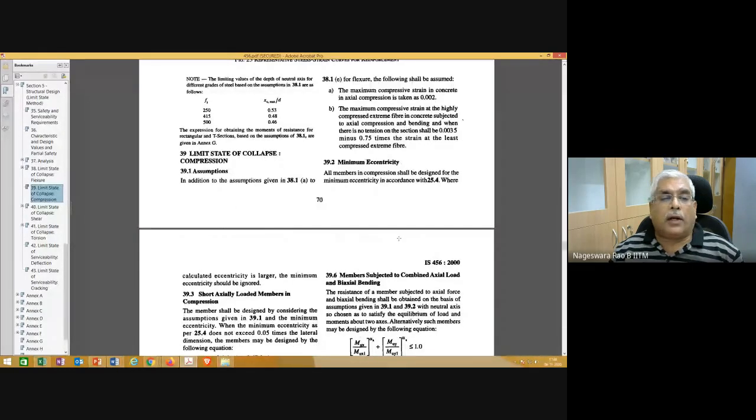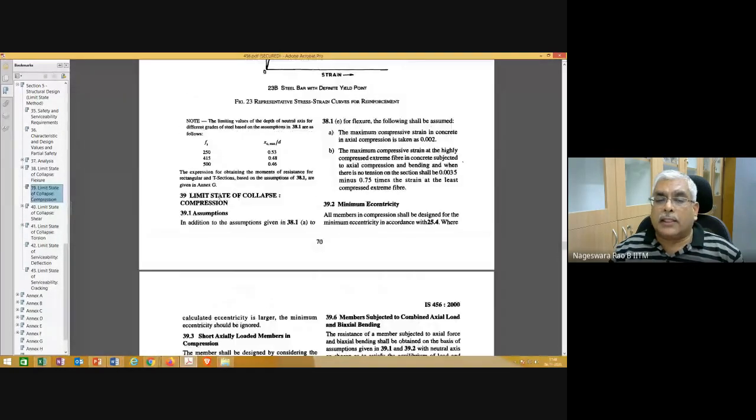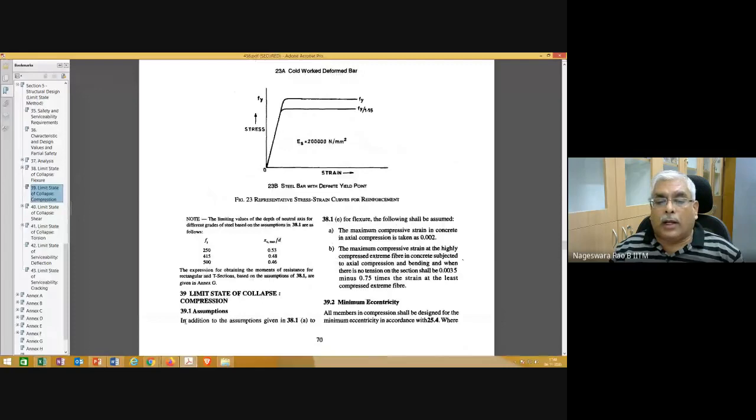Limit state of collapse under compression. First, we need to make a note of the assumptions, okay? And please note that these compression members or columns can be subjected to pure axial load or axial load plus uniaxial bending or biaxial bending, okay?